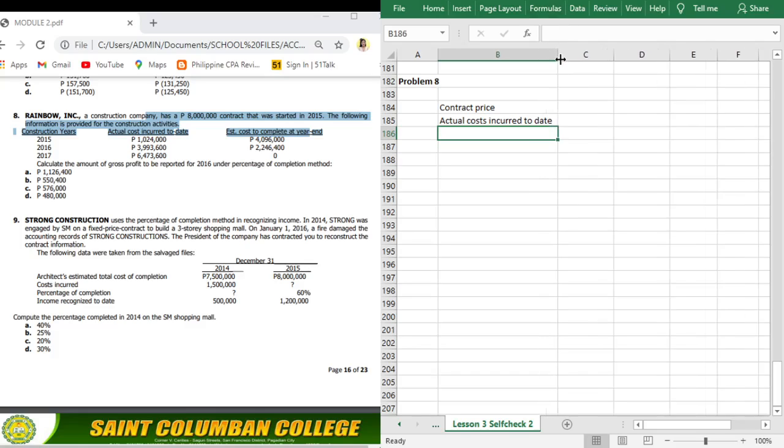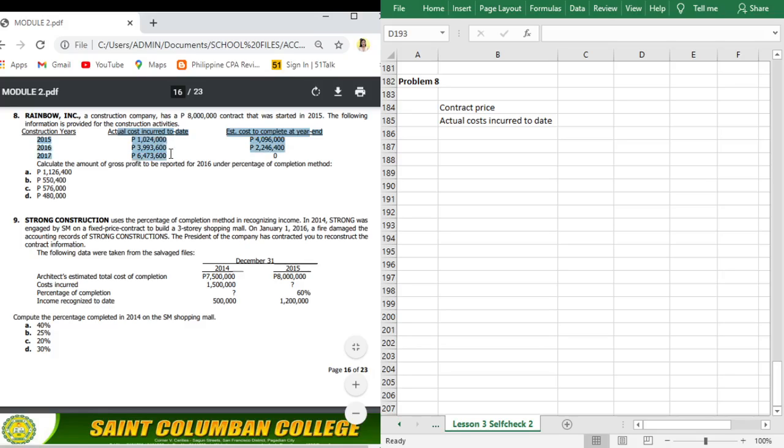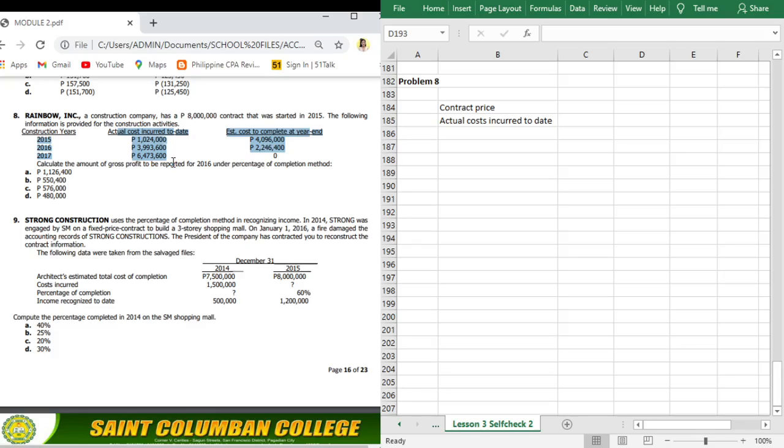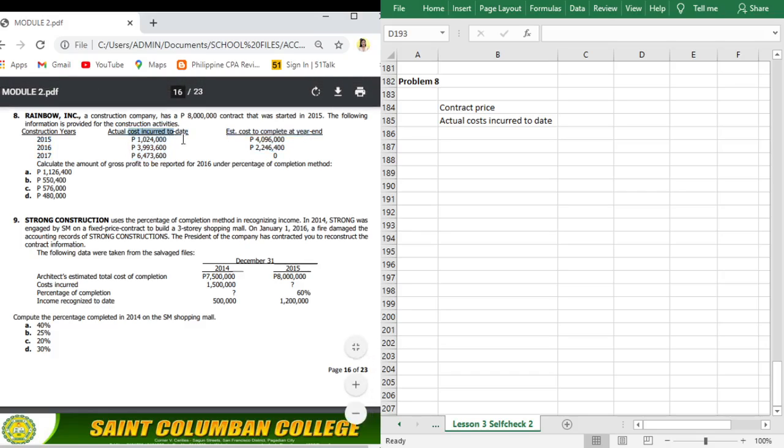So, dapat cumulative. Meaning, kung sa first year, mao ni ang cost, pag-abot sa second year, it will already be the total of the first year and the second year. Pag-abot sa third year, from the first year, second year, and third year. So, take note, plus, dili tanang problems maghatag og actual cost incurred to date. There are problems that will give us the cost per year. So, in that case, kinahanglan pa natong i-add para makuha ang cost incurred to date.